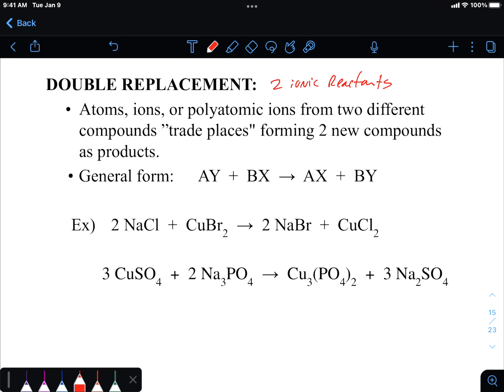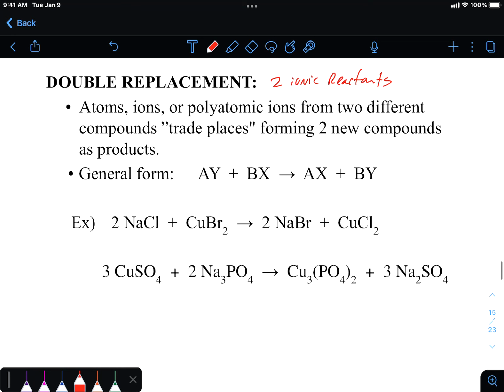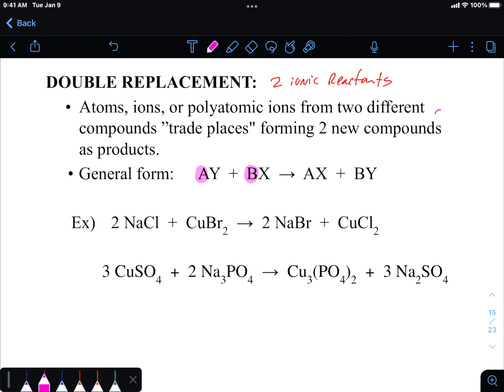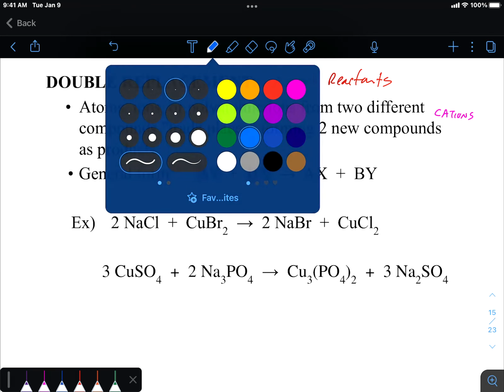So if we look closely at this, A and B are both cations. Remember how in a formula we place the cation first? Okay, and then X and Y are anions, and anions is the negative ion.